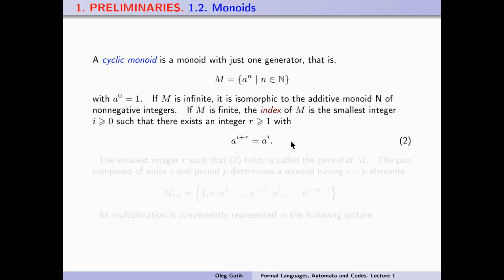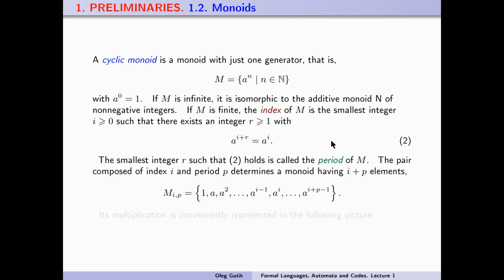If M is a finite monoid, then the index of M is the smallest non-negative integer i such that there exists a positive integer r with the following property: a to the power i plus r is equal to a to the power i. The smallest such integer r is called the period of the monoid M. The pair of index i and period p determines the monoid having i plus p elements.